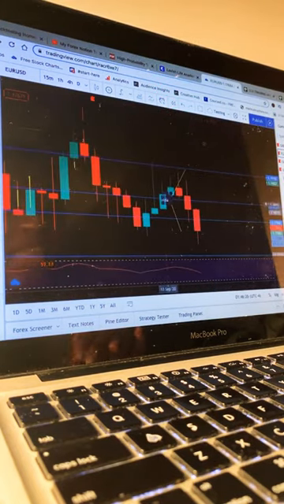EURUSD, I had it in this area of consolidation. Now, mind you, it's on the daily. I draw my consolidation boxes on the hourly. So I had price either breaking up or breaking to the downside.